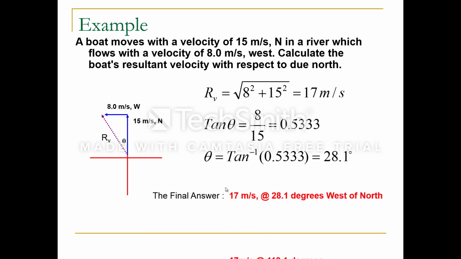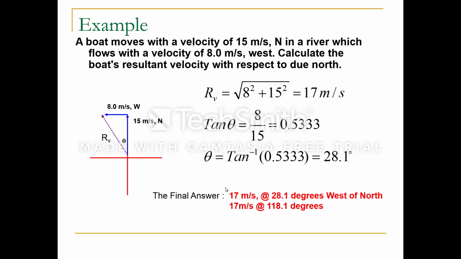So my final answer would be 17 meters per second at 28.1 degrees west of north, or I can call it by its true angle and say that it's 17 meters per second at 118.1 degrees.